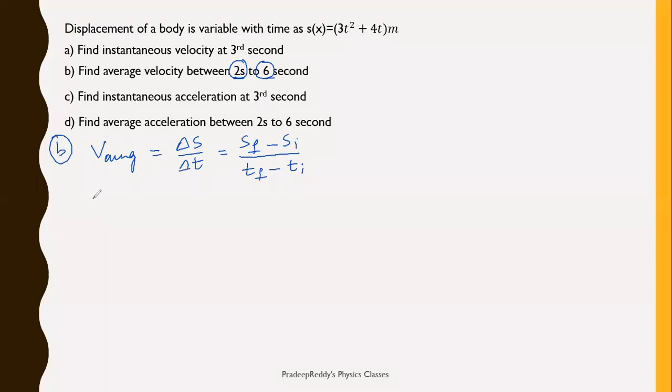So that means the final displacement is s of 6, which is equal to 3 into 6 square plus 4 into 6. This is equal to 3 into 36, plus 24.